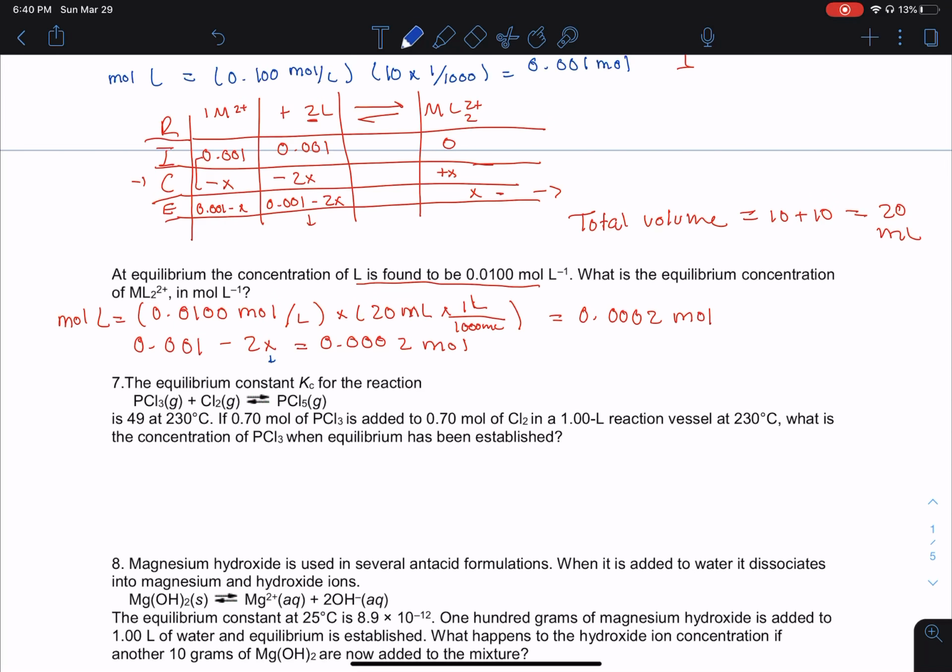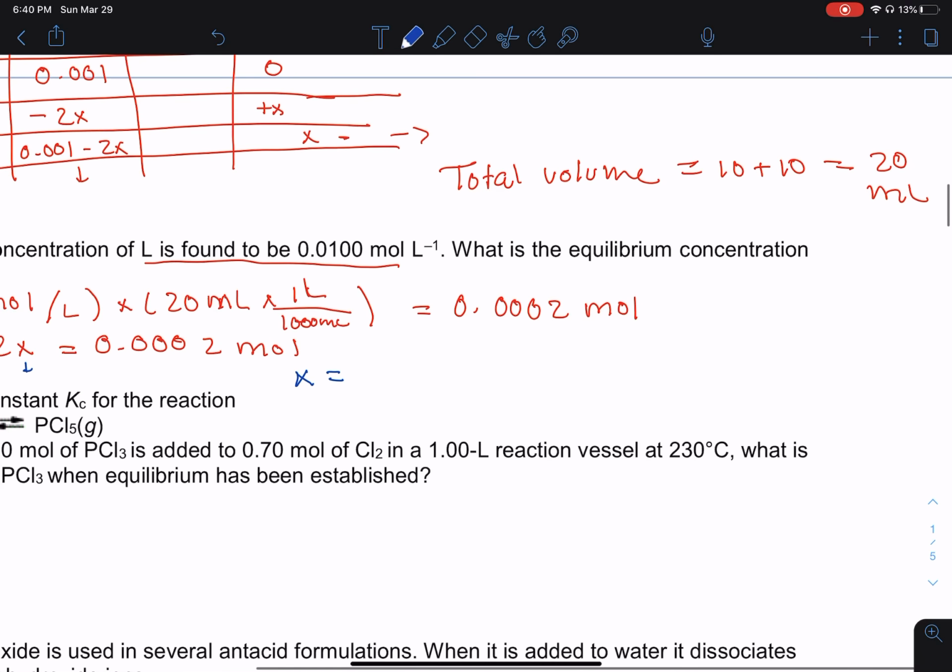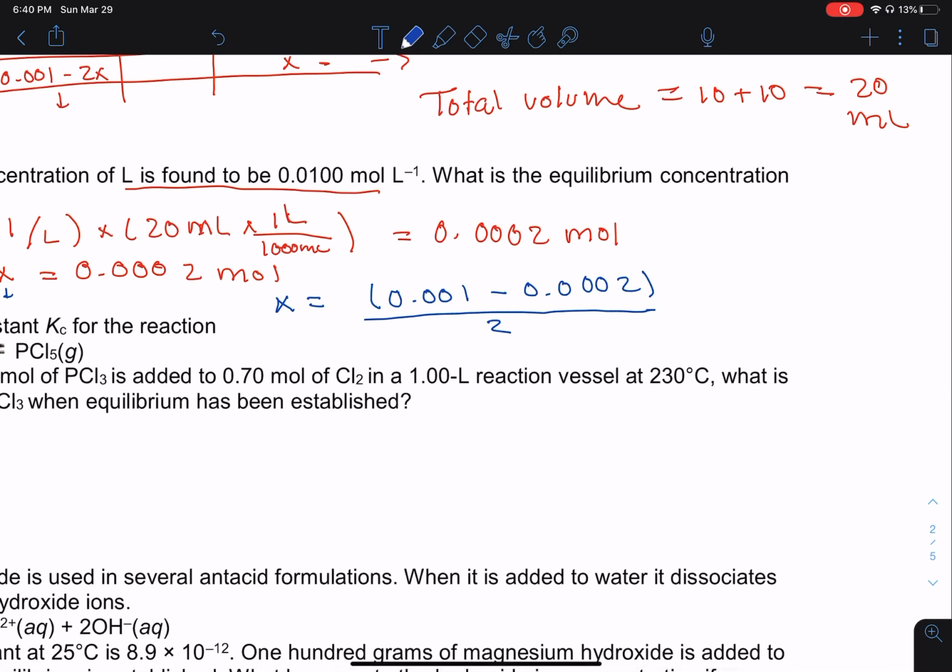So x is equal to 0.001 minus 0.0002 over 2. And that will give us 0.0004 moles.